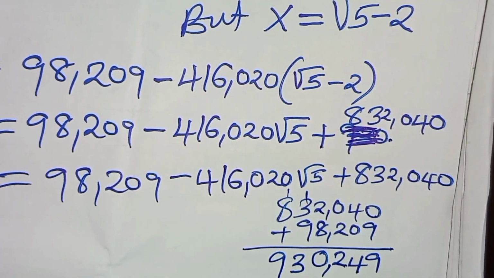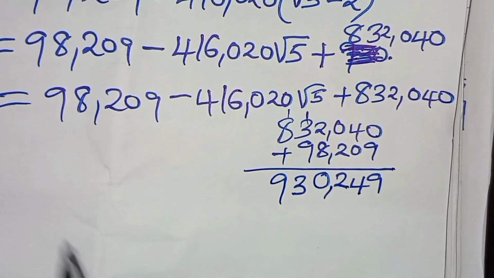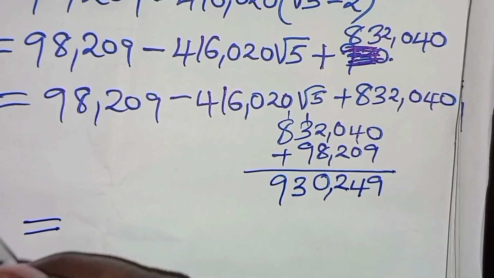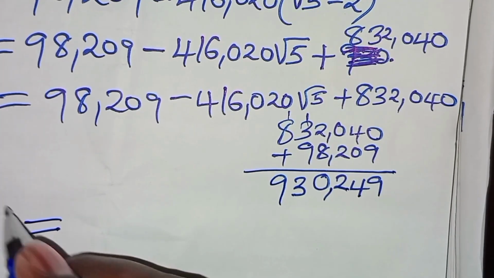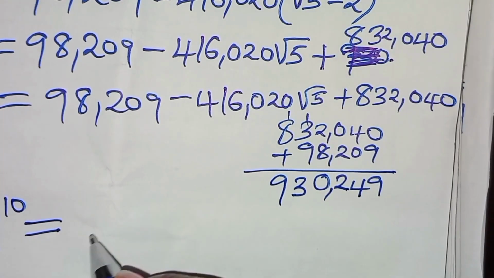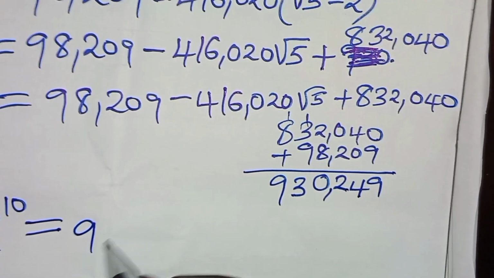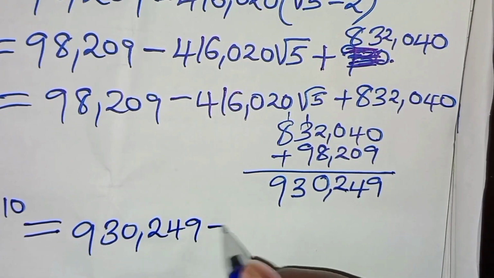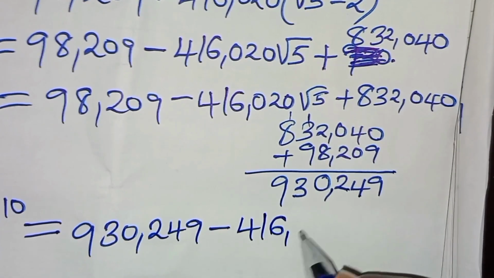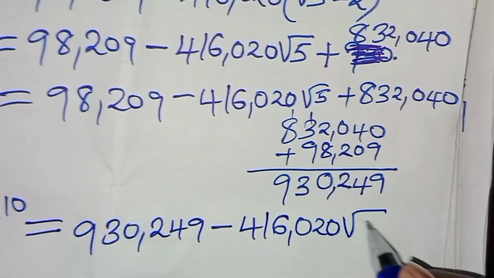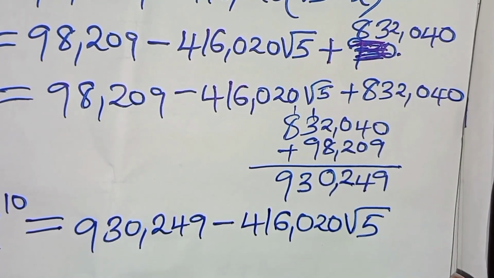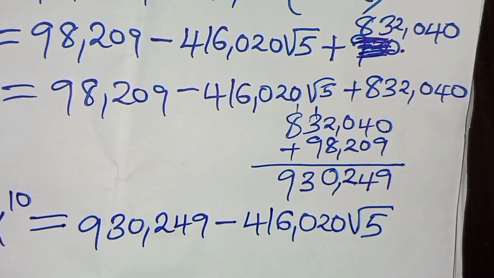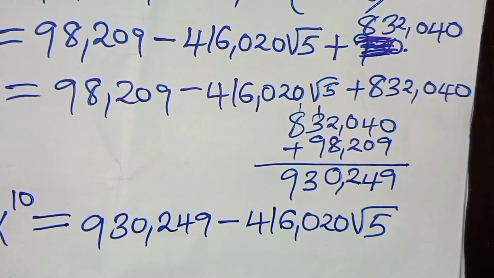So here, essentially, this is x to the power 10. This is equal to 930,249 subtract 416,020 square root of 5. So this is what x to the power 10 is.